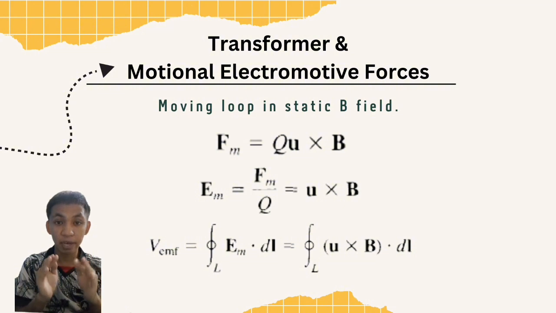This type of EMF is called motional EMF or flux cutting EMF. It is the kind of EMF found in electrical machines such as motors, generators, and alternators.